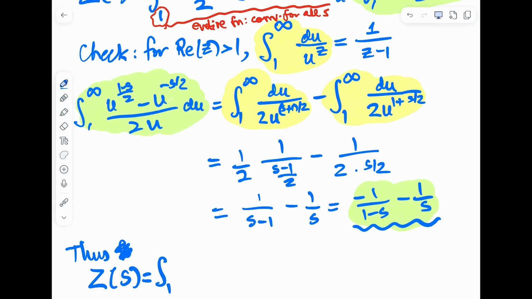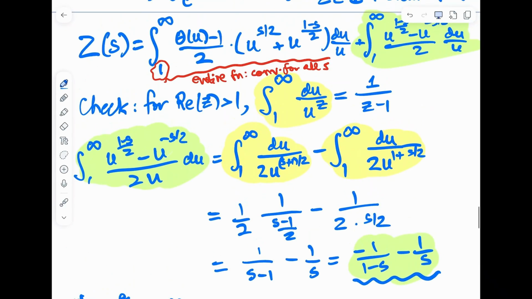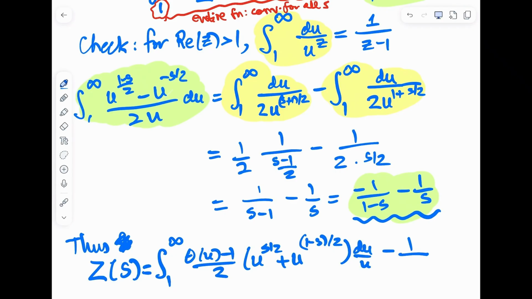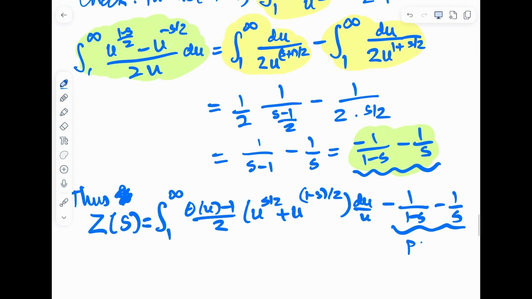So we're going to integrate down to 1. What was it? We had this theta minus 1 over 2 times u to the s over 2 plus u to the 1 minus s over 2, multiplicative integral du over u. And then we're going to subtract 1 over 1 minus s, subtract 1 over s. And so here are your polar terms.